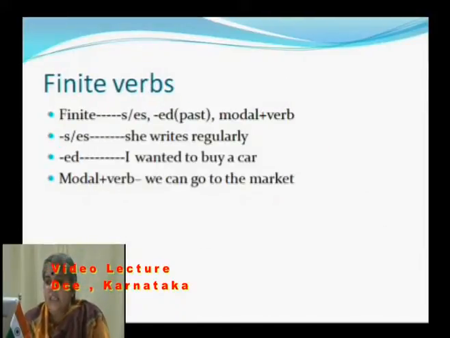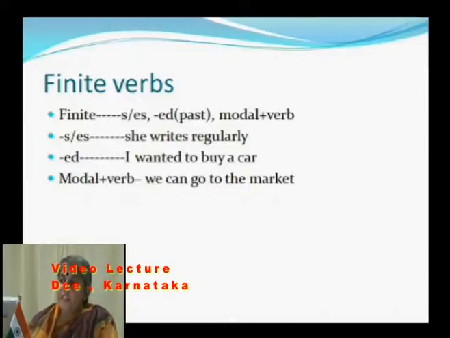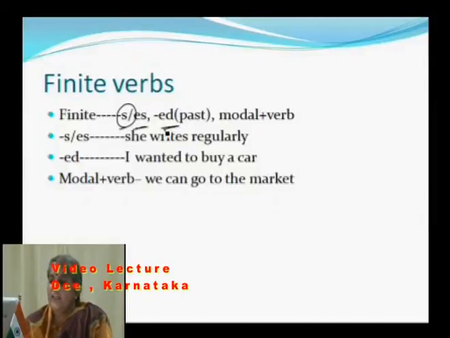Let us see the list of finite verbs with the help of an example. Now, finite verbs take what suffixes? It takes the suffixes s or es. The third suffix, past tense, it takes. It also takes a modal plus verb format.